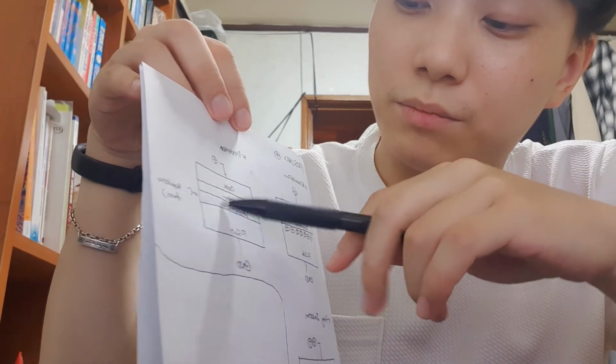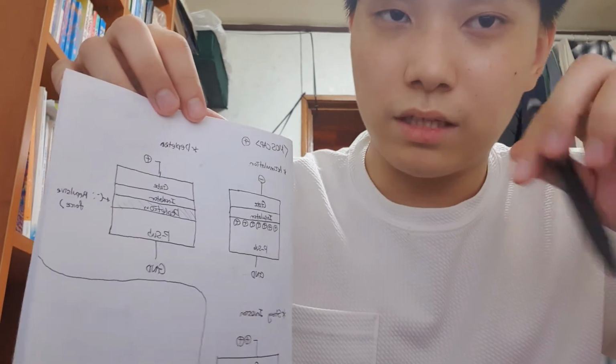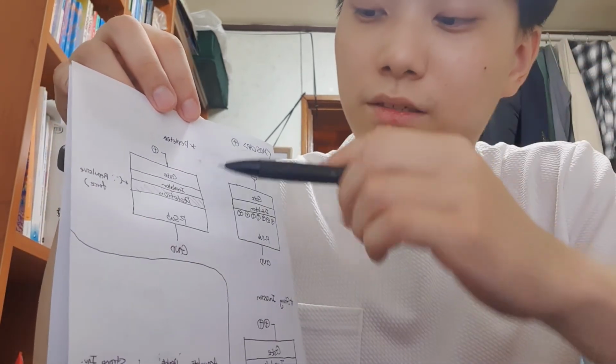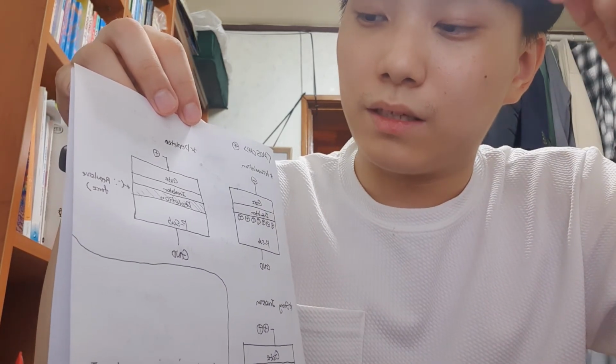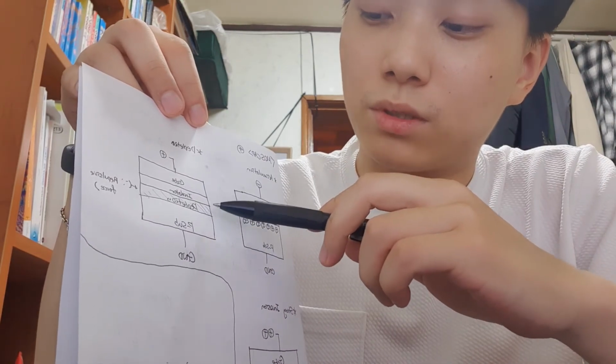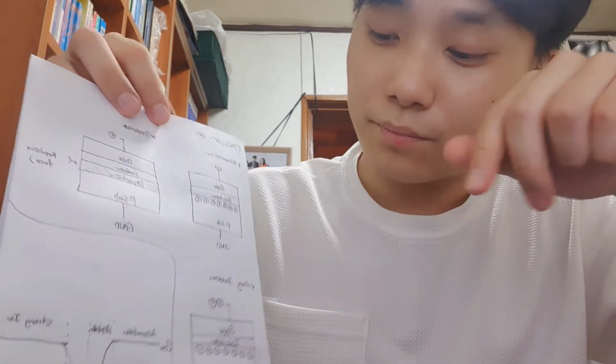When we increase the gate bias, the more plus bias we give to the gate, the more the depletion region increases.